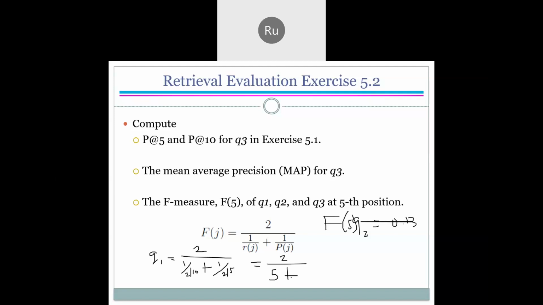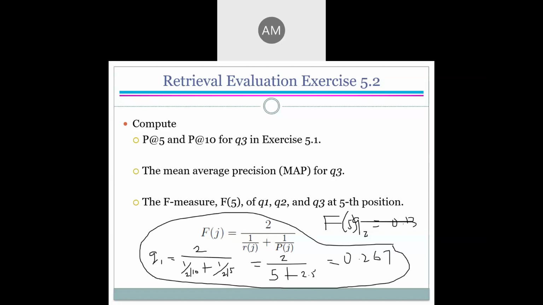So 2 divided by 7.5. The answer is 0.26. So the F measure for query number 2 is better than compared to query number 1.